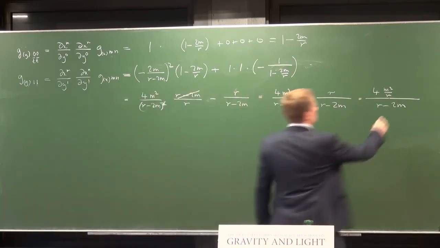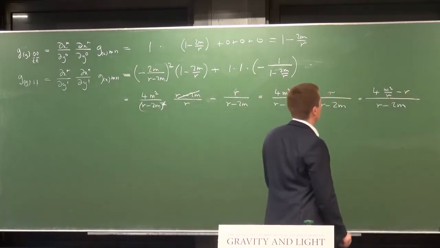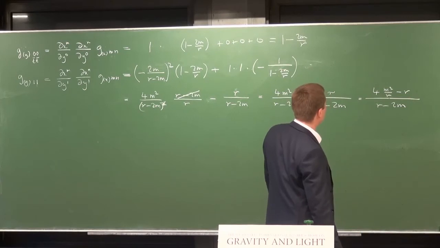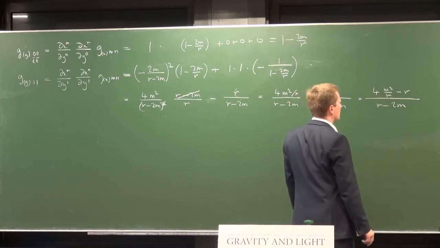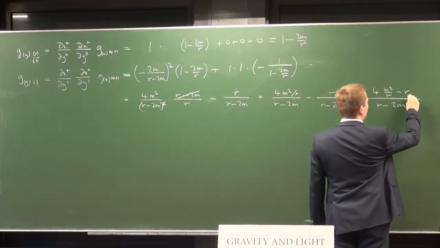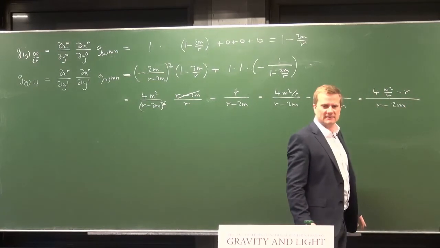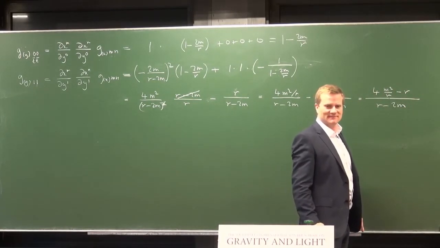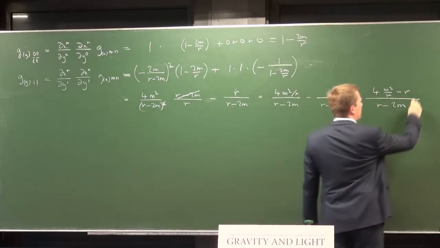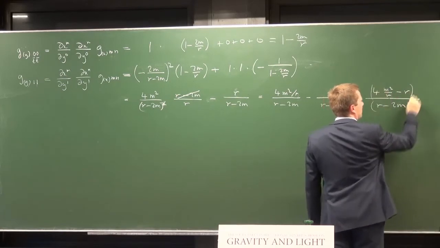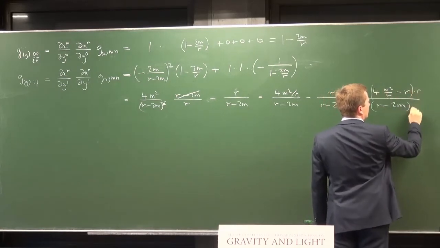Minus r. Can this be brought to any meaningful form? Yes. Put an extra r. So I do what? I divide by r. So I expand or I cancel? What do I do? By times r. Aha.